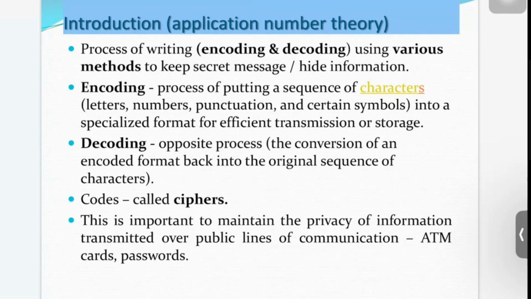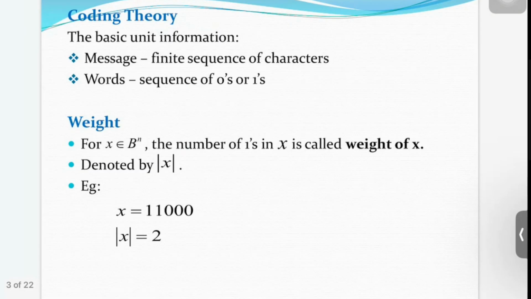So we have some processes, which are encoding and decoding. Decoding is the opposite process of encoding. Some of the basic unit information: we have a message, the finite sequence of characters, and the words.